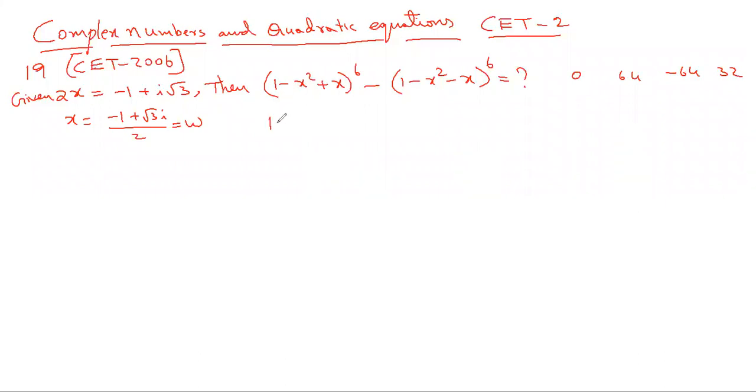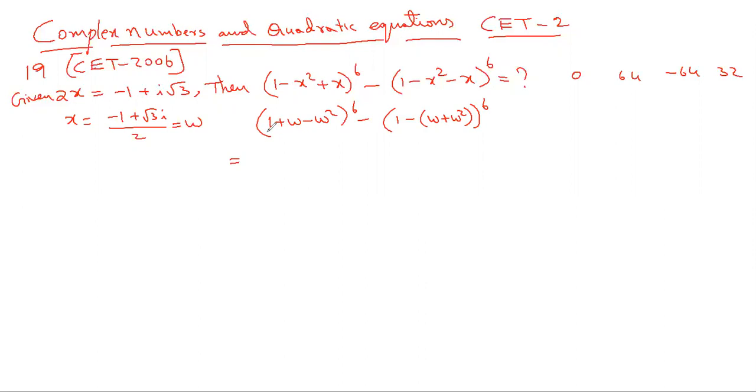just in 1-2 steps. So (1 plus omega minus omega square) whole power 6 minus (1 minus of omega plus omega square) whole power 6.